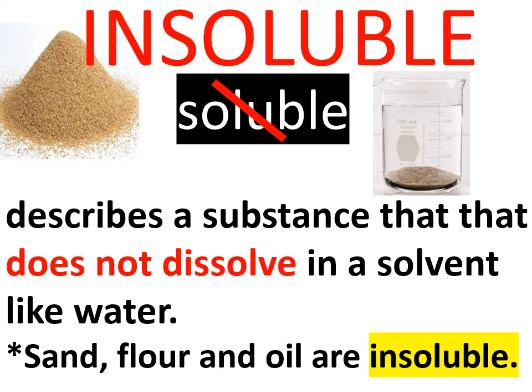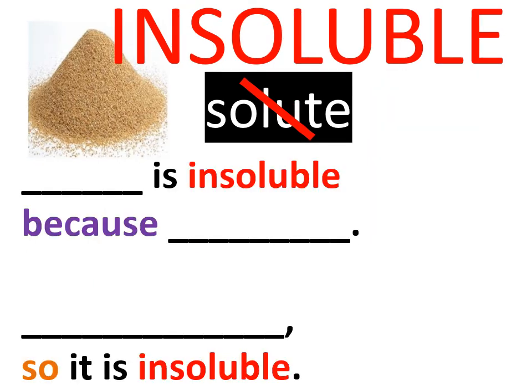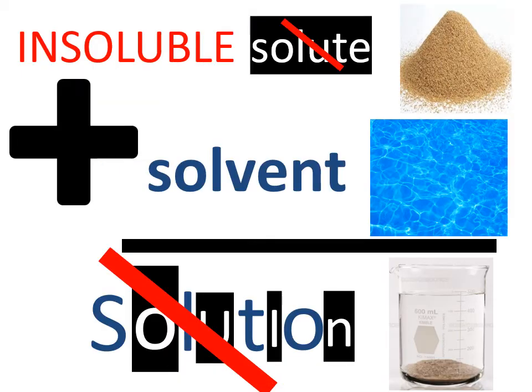Sand, flour, and oil are insoluble. "Blank is insoluble because blank," or "blank, so it is insoluble." So these are two different ways to explain why a substance is insoluble using "because" or "so." Try to use both conjunctions.